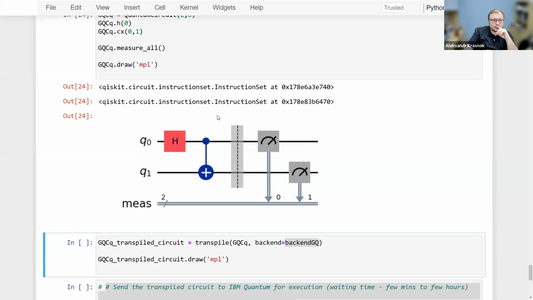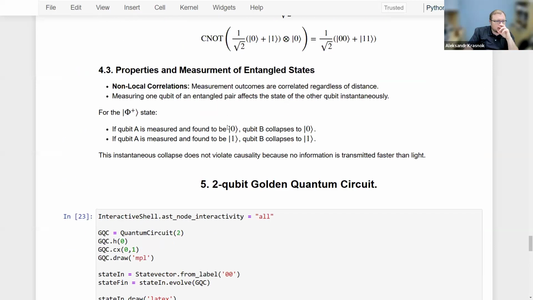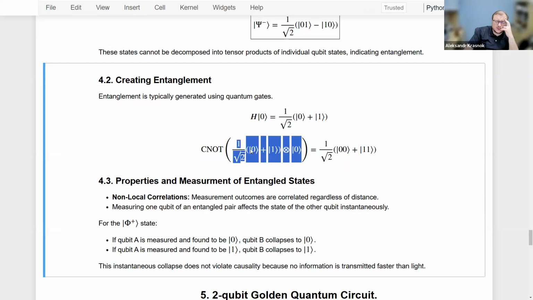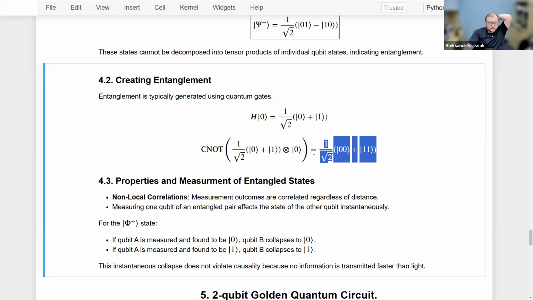So these two will be entangled. So you apply the C-NOT to this combination in here. 0 will leave the second one unchanged. The state 1 will flip it to the state 1. So this is the result of this circuit.